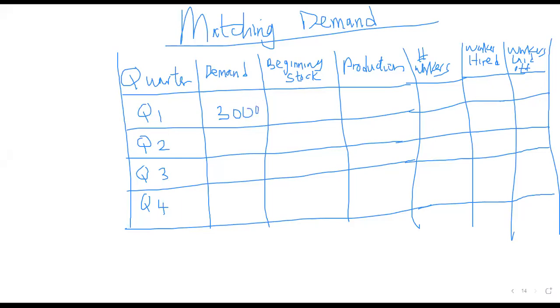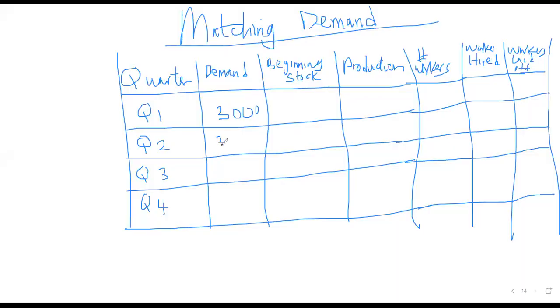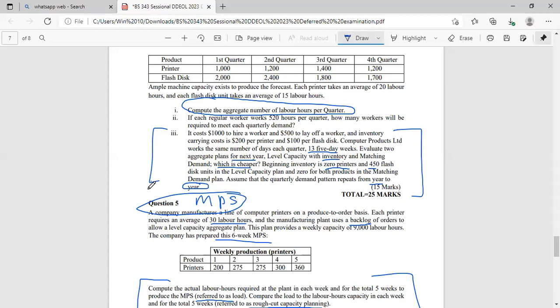The demand here is 1,200 plus 24, which is 36. Then the other quarter is 14 plus 18, 32.